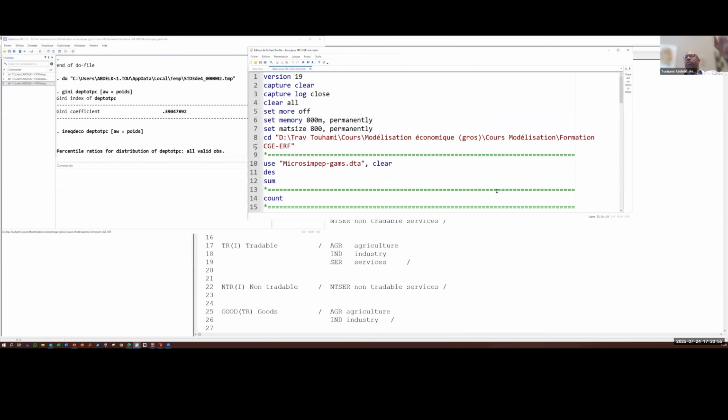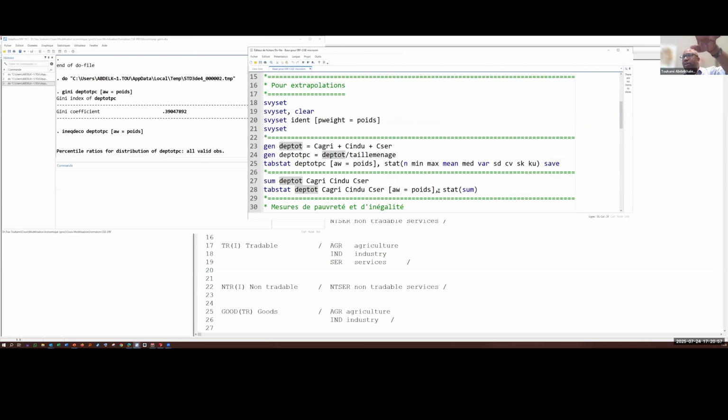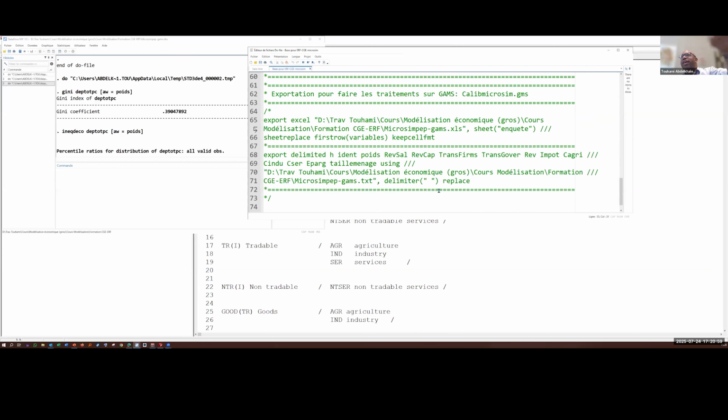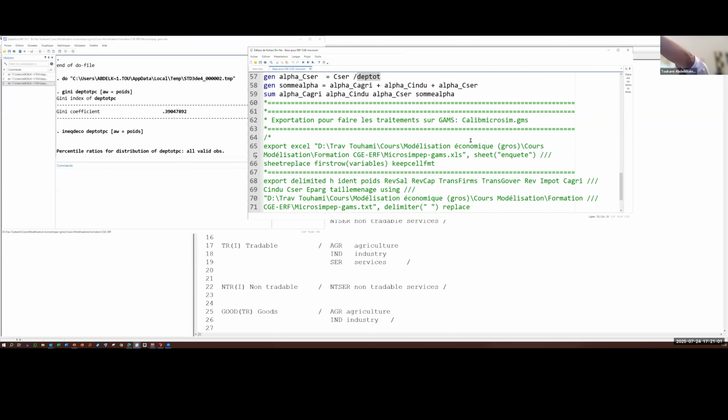Okay, so when we have this data, we will export it. If you see here, we are preparing the data to go to GAMS and to model in a microsimulation approach. So now we have two pieces.